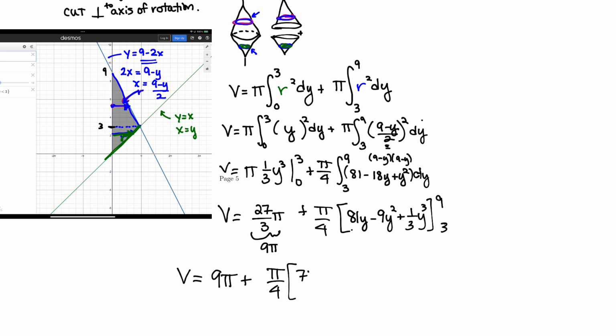What's that, 729 minus, oh my God, 9 cubed? Oh, it's the same thing. Yeah? I think so, because 81 is 9 squared, and if you multiply it times 9, that's 9 cubed. It's the same thing.